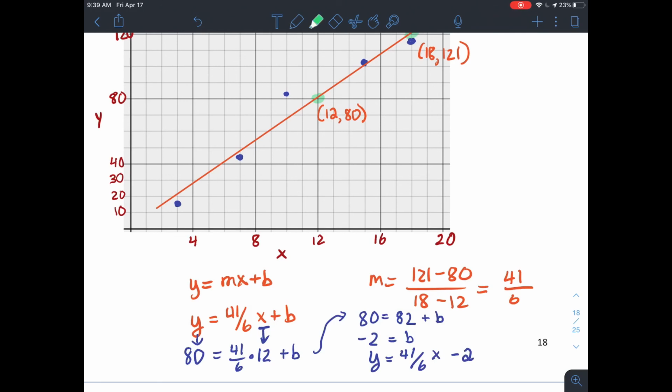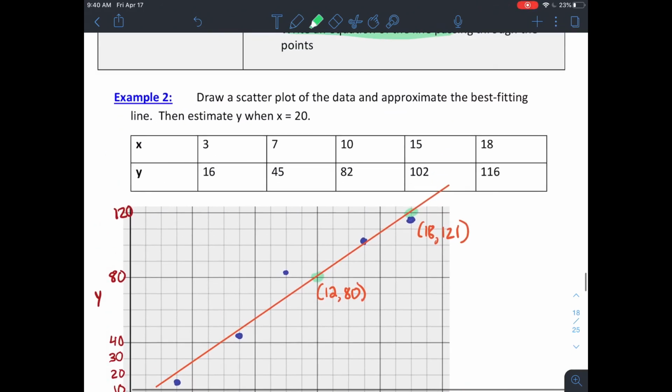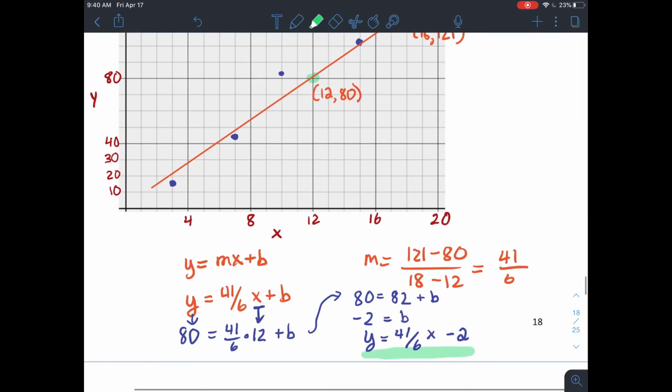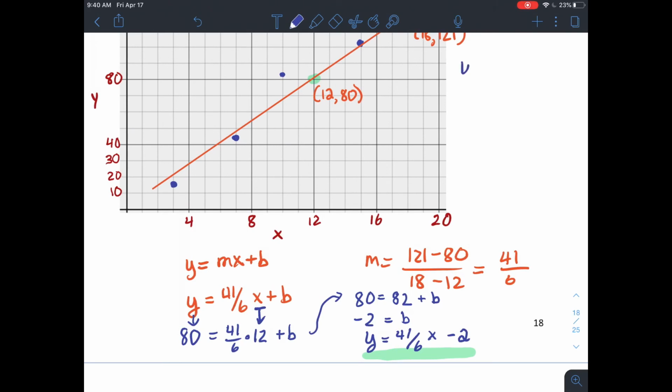Everybody's equation might be a little bit different, but they should be fairly similar in slope and y-intercept. Now I'm supposed to estimate my y value when x is 20. So let's take that line that I just wrote my equation for and use it to estimate my y value when x is 20.